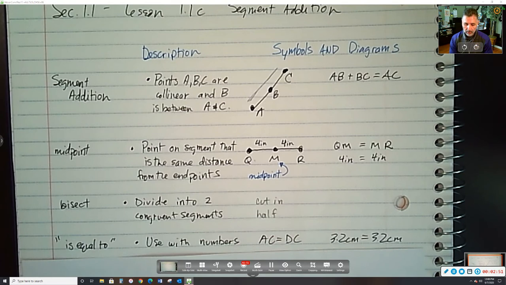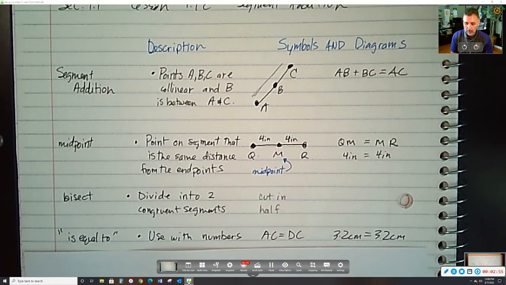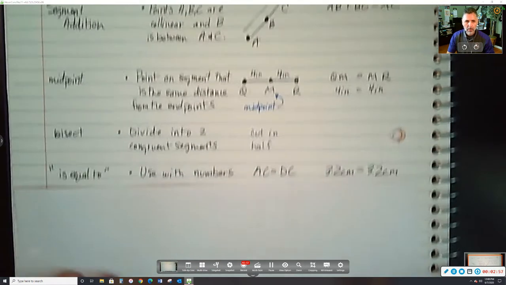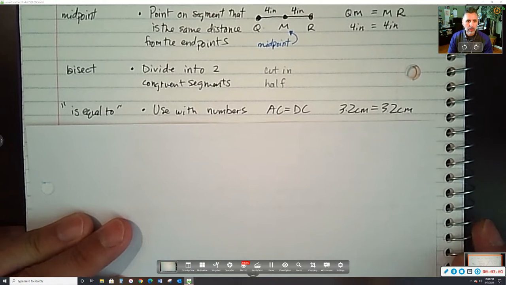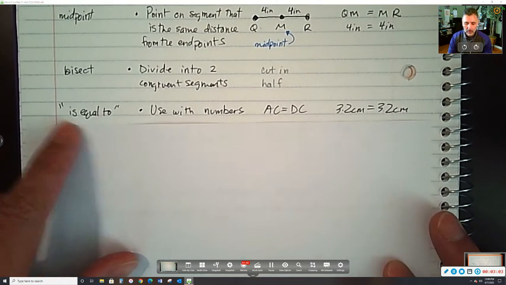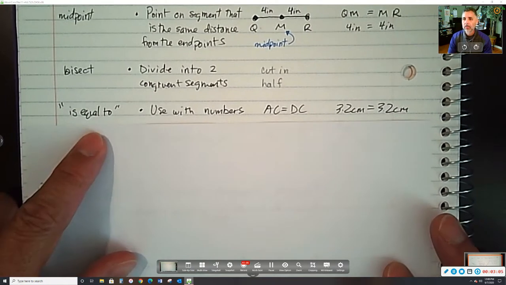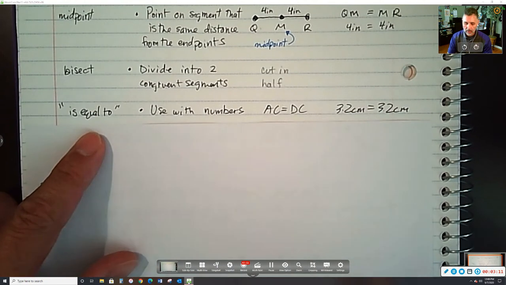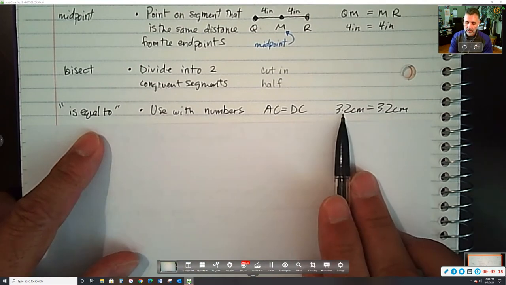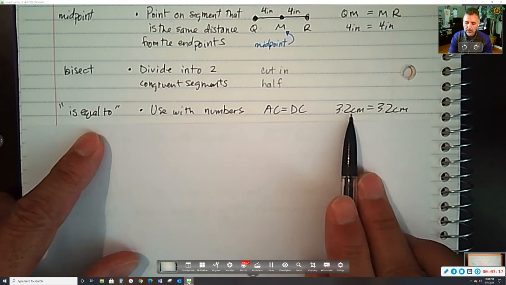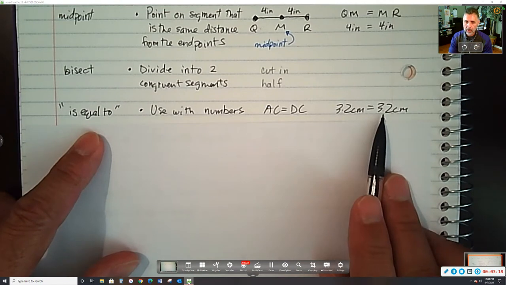And then here's just some notation. Let me raise it, whatever. Is equal to, we use equal to when we're dealing with numbers, like actual lengths. Okay, see here I put use with numbers, and then see here I have 3.2 centimeters is equal to 3.2 centimeters.